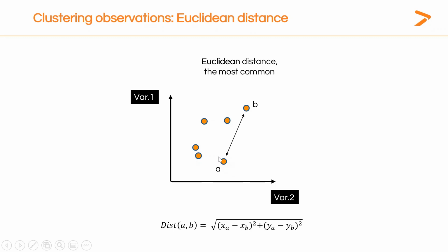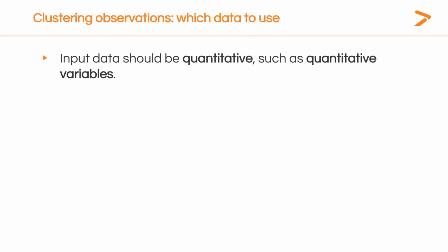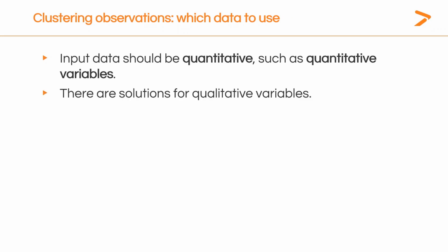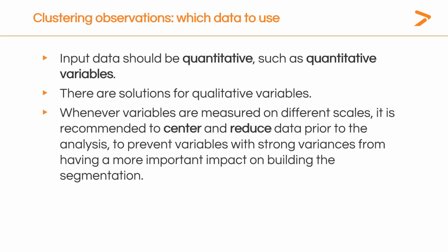In order to measure the distance between this consumer and this consumer, we can use the Euclidean formula, which looks like this. For this kind of analysis, the input data should be quantitative variables, but there are solutions for qualitative variables, don't worry. Whenever variables are measured on different scales, it's highly recommended to center and to reduce the data prior to the analysis. Otherwise, the variables with strong variances, or which are measured on big scales, will have a more important impact on building the segmentation.